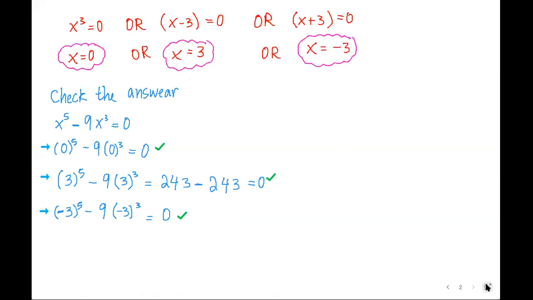Other types of equation here: an equation involving a fractional expression.